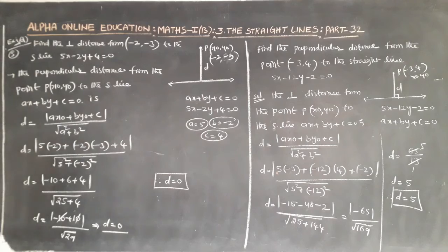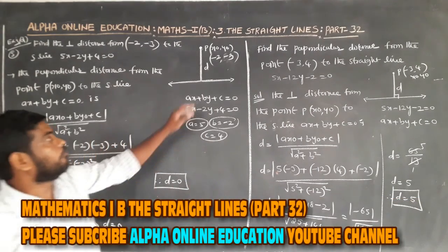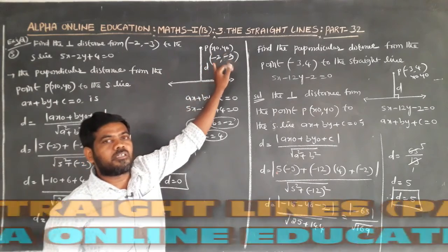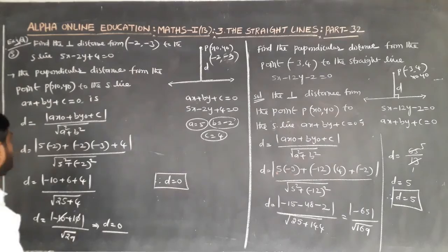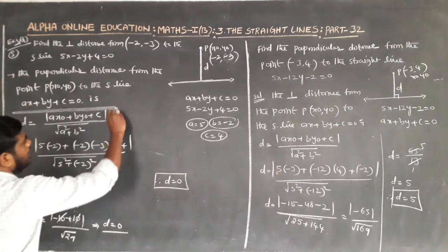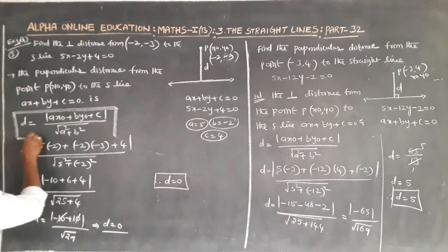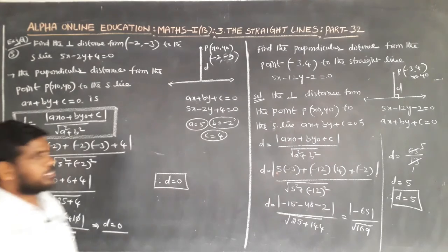This is the process for finding the perpendicular distance from the point (x naught, y naught) to the line ax plus by plus c is equal to 0. By using the formula d is equal to mod of (a x naught plus b y naught plus c) by under root of a square plus b square.